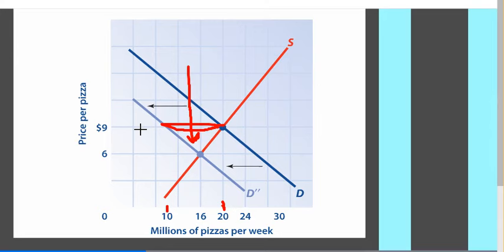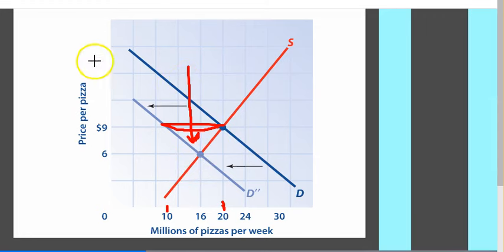As the price falls, quantity demanded increases along the new demand curve. So our prices are falling, so along the new demand curve, quantity is increasing, and quantity supplied is decreasing along our supply curve.